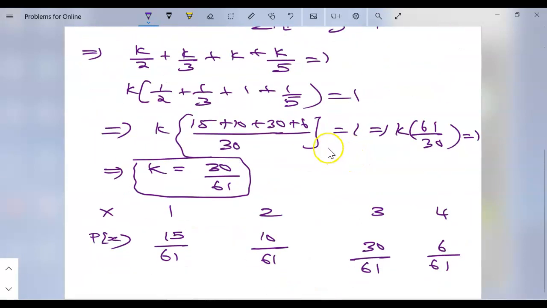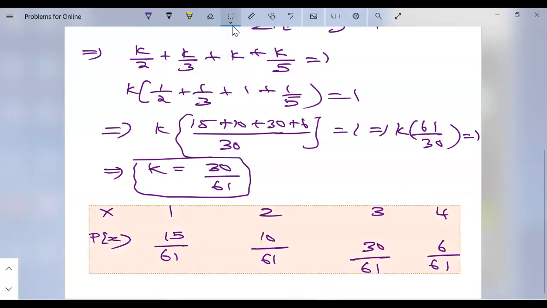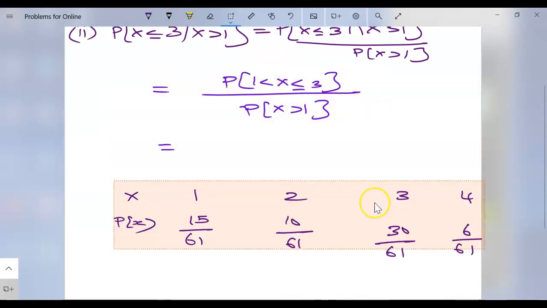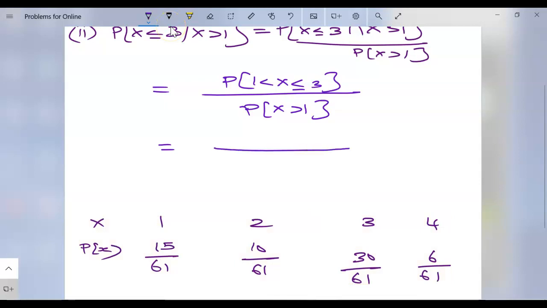This is the probability table which I'm having. For the numerator, I want starting from 1, but 1 is omitted and 3 is included.